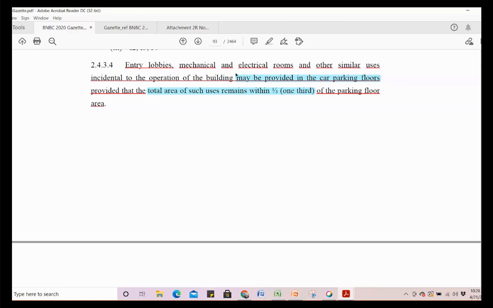So the services and utilities needed for particular operation of the building, of the main occupancy, can be located in the car parking floor, provided that the total area of such uses remain within 1/3 of the parking floor area.